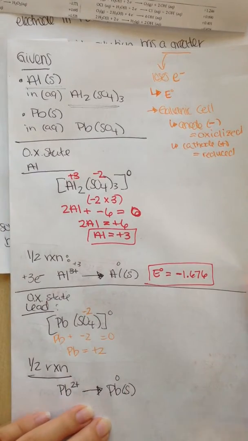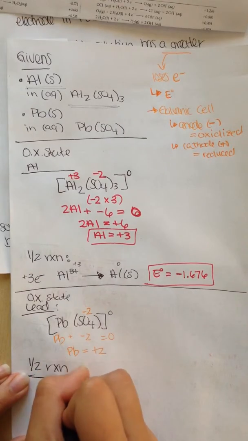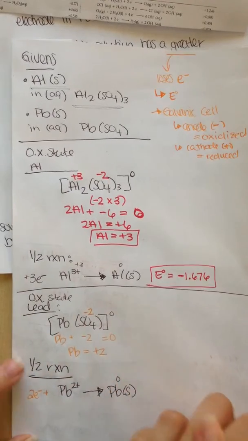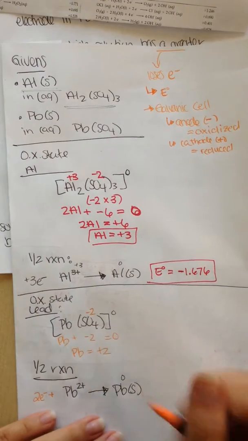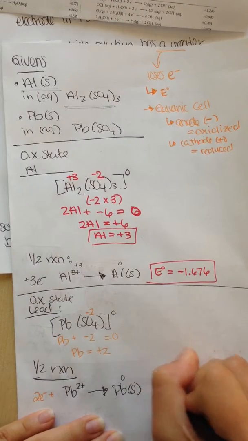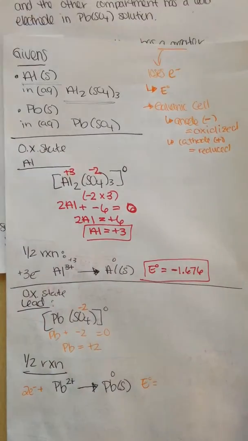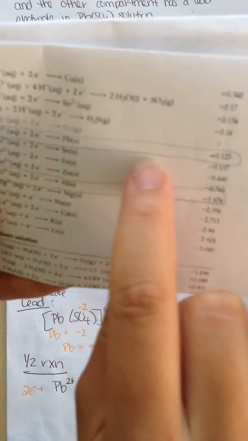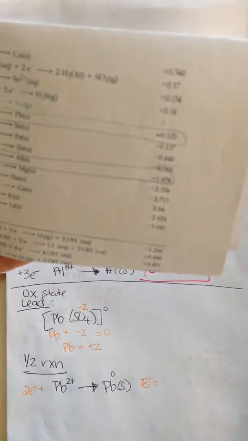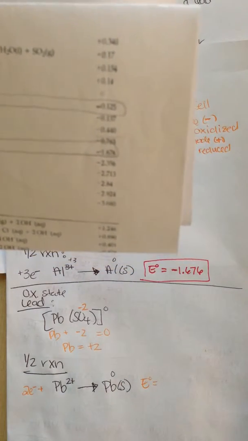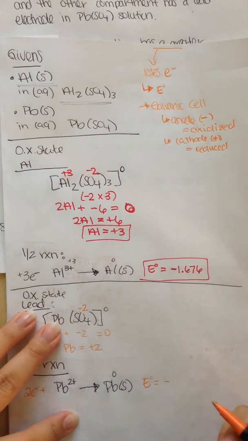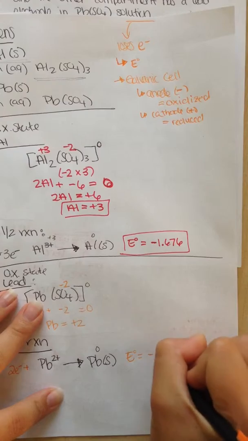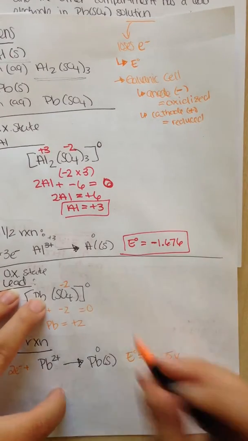This is 0, that's a +2, so we need 2 electrons on both sides. So now we look for the E cell of this, which is equal to, I don't know if you guys can see very well, -0.125 volts.